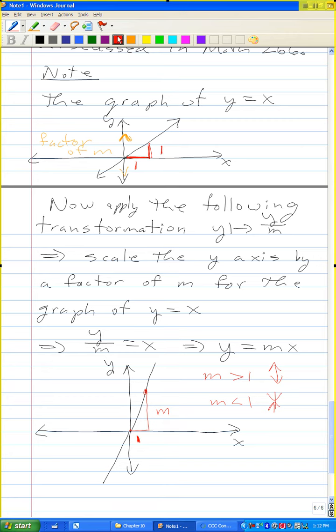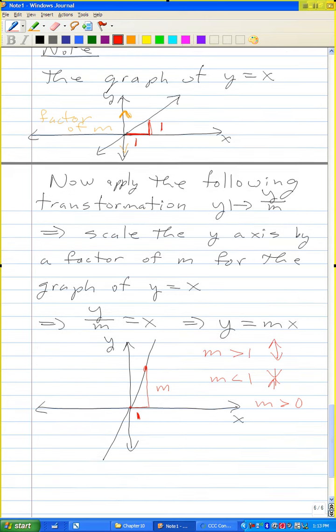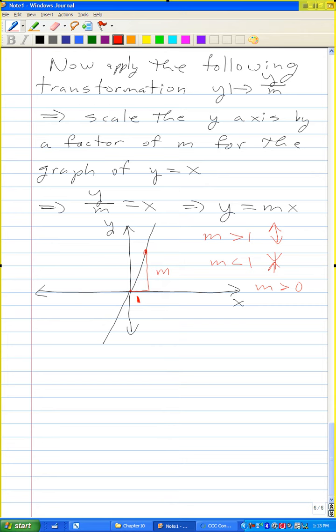Here, I'm assuming that m is greater than 0, so that we haven't talked about reflections yet. But notice that this is just the fact that that's the slope.